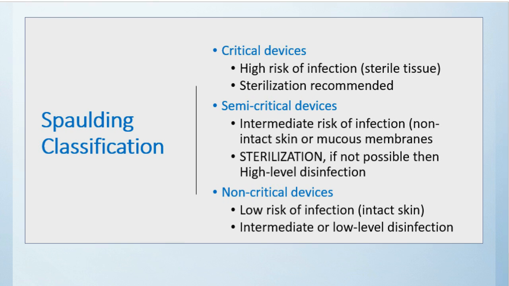And then original Spalding classification said, if that's not possible, feasible, then we resort to high-level disinfection. But as an industry, we have come to accept high-level disinfection as the main standard of care. So we want to re-stress that we do need to move to sterilization and get the industry there over time.